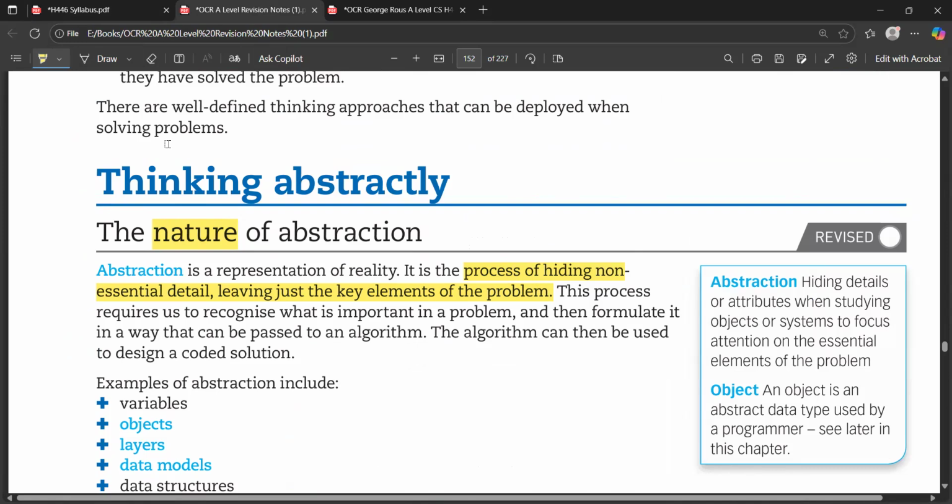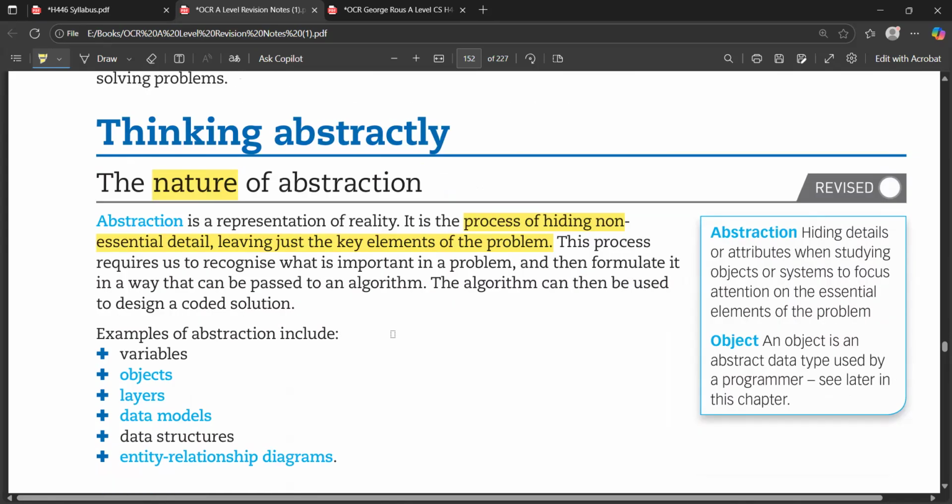This process requires us to recognize what is important in a problem, how you can formulate that and how you can pass it to the algorithm. Then the algorithm can be used for the coding solution.